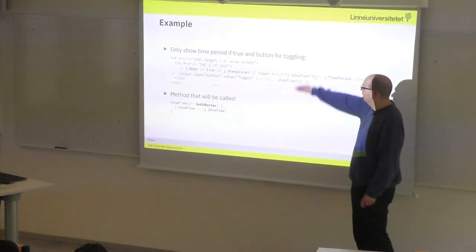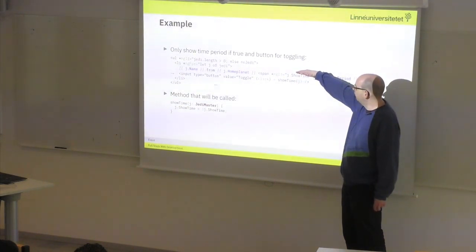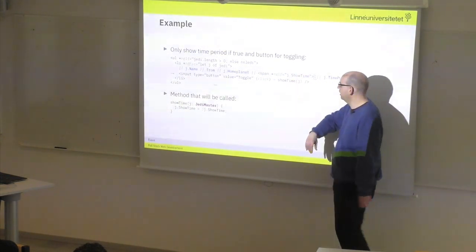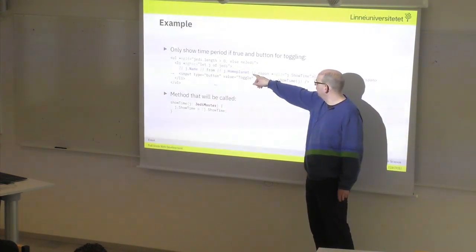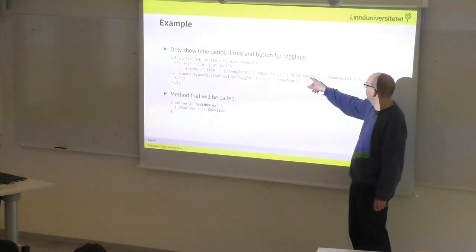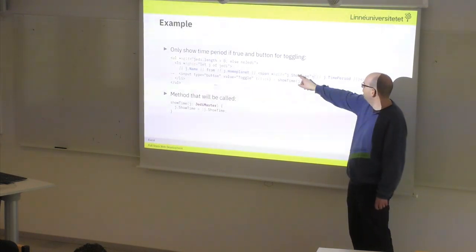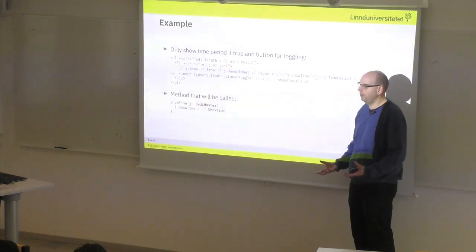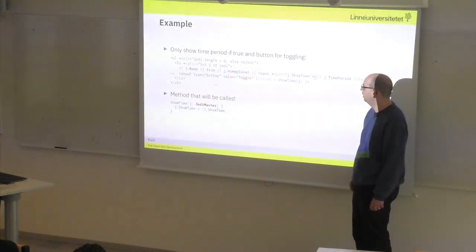Well, we have our list of Jedi over here, our ngFor, and it will go through each Jedi, and after this home planet, we will have a span for the show time that will show the time period if this show time is true. So if the field in the object is true, it will show the time period.